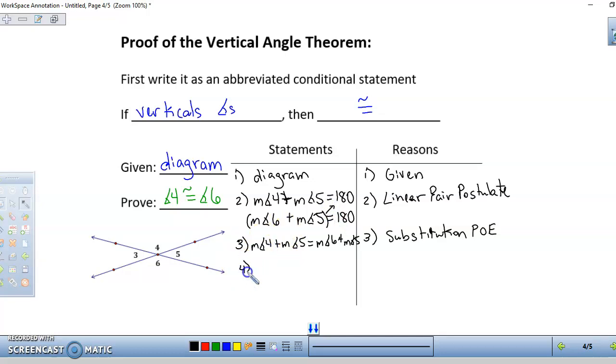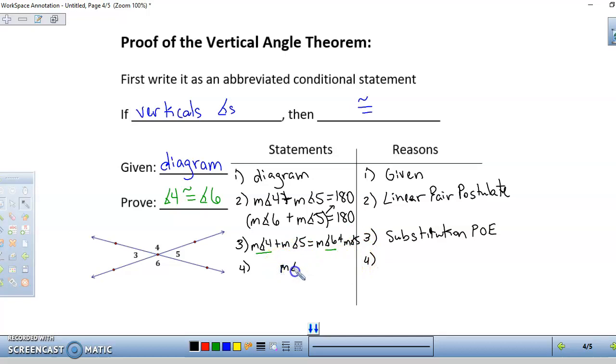Okay, so keeping in mind where we need to go, we need to get angle 4 congruent to angle 6. Well, what you're going to notice is I have an angle 4 right here and an angle 6 right there. So if I can somehow get rid of these 5s, then I am all set. Okay, so we're just going to use some algebra. So we're going to show our work, but I'm going to take away the measure of angle 5 from both sides.